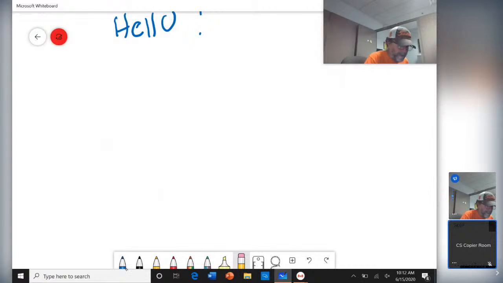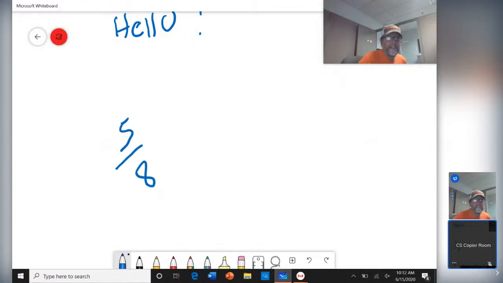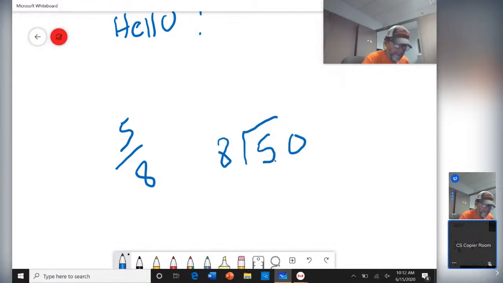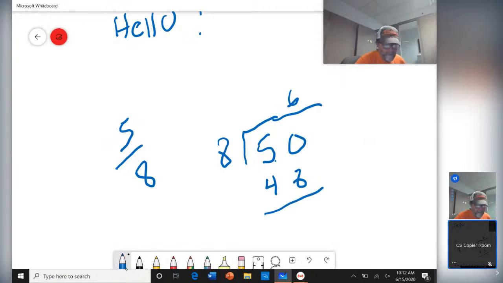If we did, let's pick, let me see here. We'll pick 5 over 8. Okay, now it's the same concept. We're going to divide the denominator into the numerator. So it's going to be 8 into 5. We've got to add a 0. So how many times does 8 go into 50? 6 times 8 is 48. 50 minus 48 is 2.